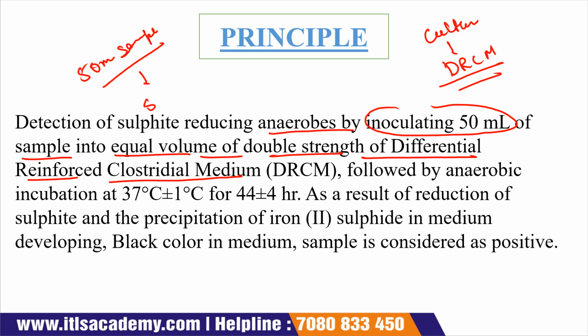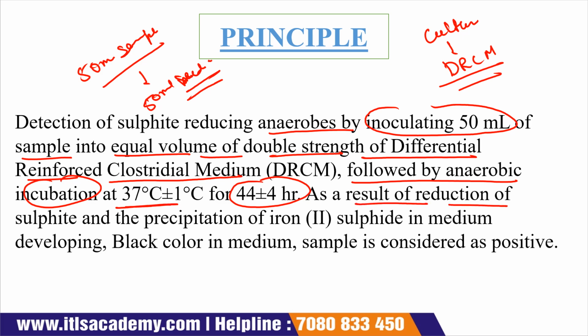That means we take 50 ml of media also. This is followed by an anaerobic incubation at 37 degrees Celsius for 44 hours plus minus, which gives a result of reduction of sulfide and the precipitation of iron sulfide in the medium, developing a black color.